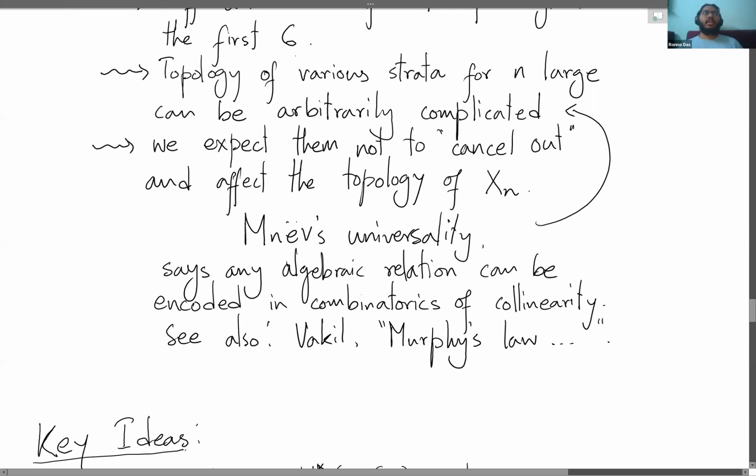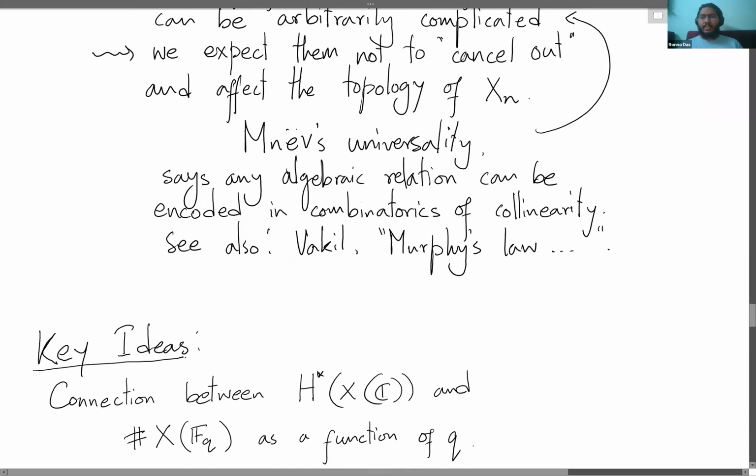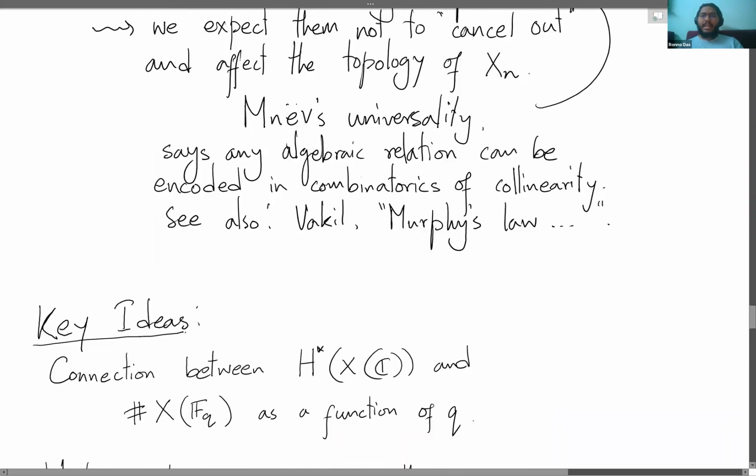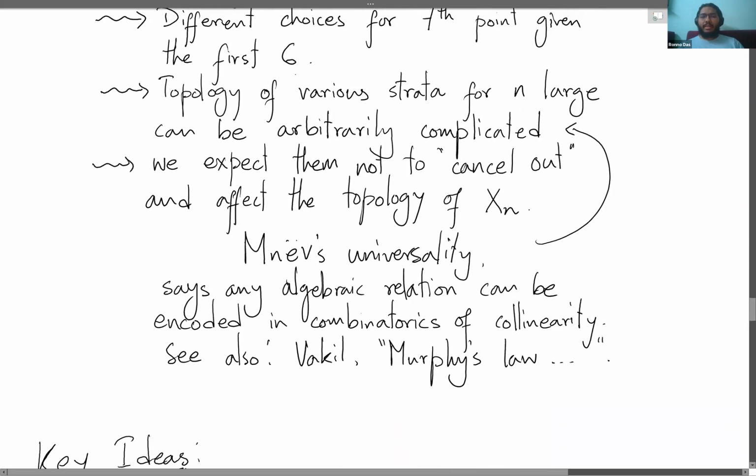So you expect the topology of an arbitrarily complicated algebraic variety to eventually show up in the topology of Xn. There's a somewhat expository paper with some new results by Vakil, known as Murphy's law in algebraic geometry, which explains how this universality result applies to encoding polynomial relations as collinearity.